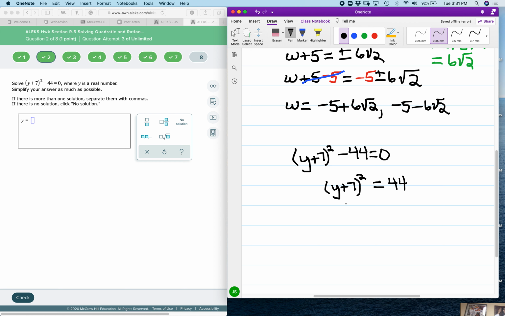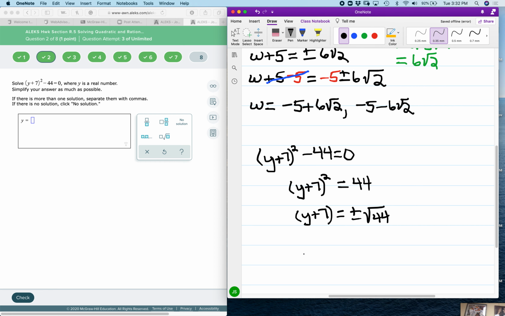So if I go from the square of y plus 7 to just y plus 7, we take the positive and negative square root of 44. And now you have y plus 7 is equal to plus or minus the square root of 44.